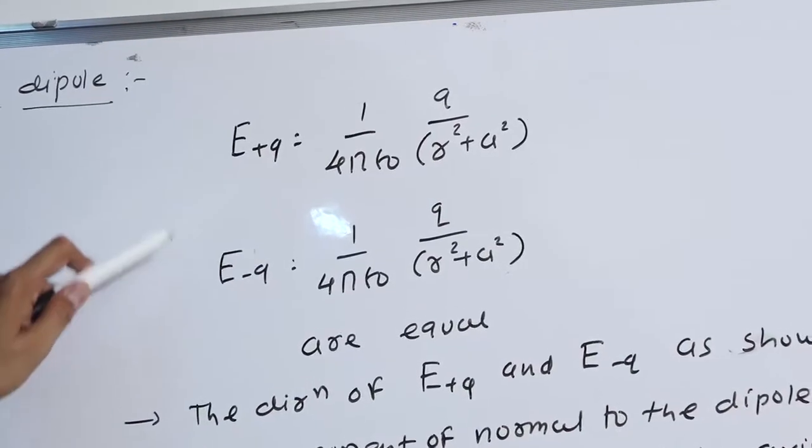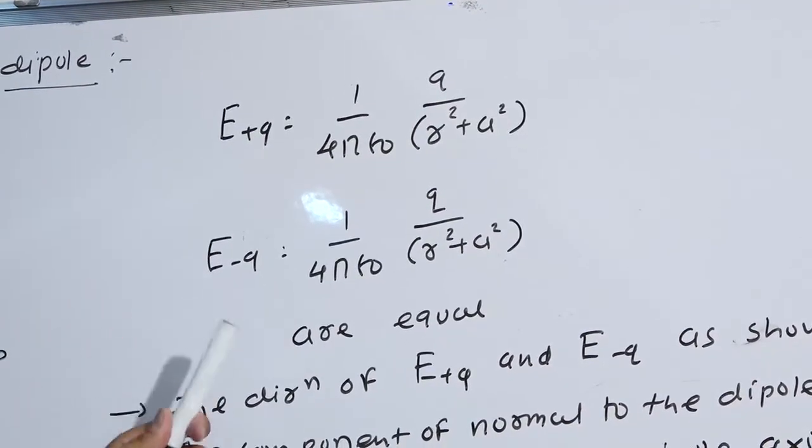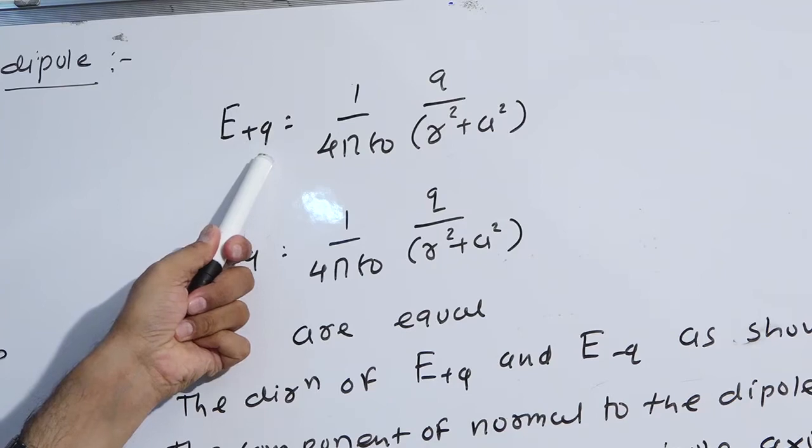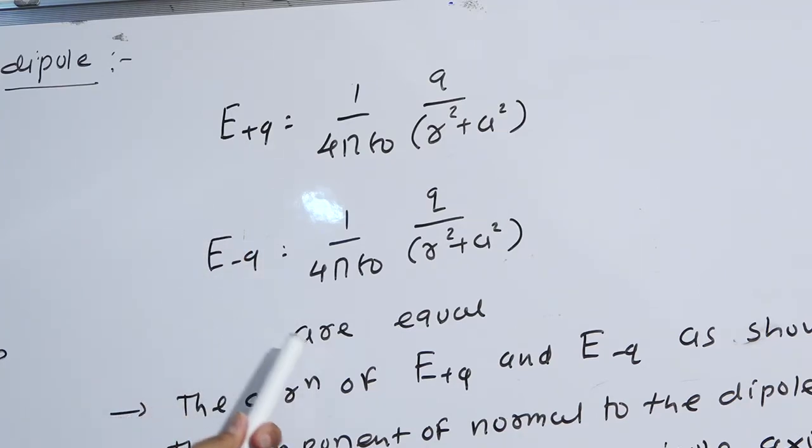Student, observe these two values. Both answers are the same. Therefore, the magnitude of E plus q and the magnitude of E minus q are both equal. These two equations are formed from the equation of electric field due to a point charge, 1 upon 4 pi epsilon 0 q by r square.